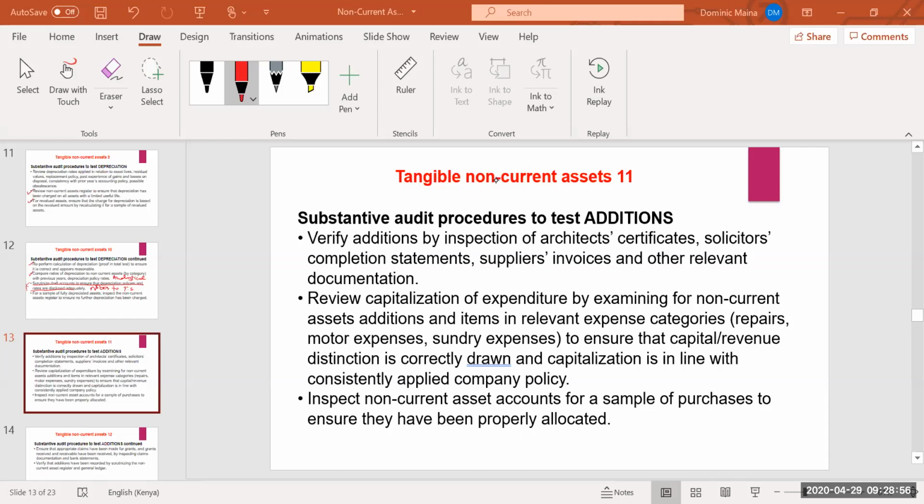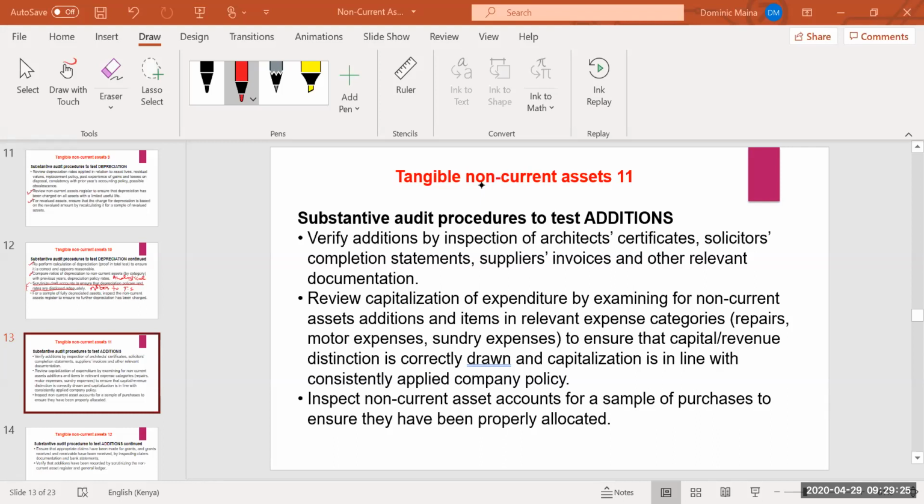If, for example, an expenditure was meant to be expensed, however it was capitalized, you can imagine the amount of misstatement that will appear on both the balance sheet as well as the P&L. Because if the expenditure was meant to be expensed, then the company profit ought to have reduced.